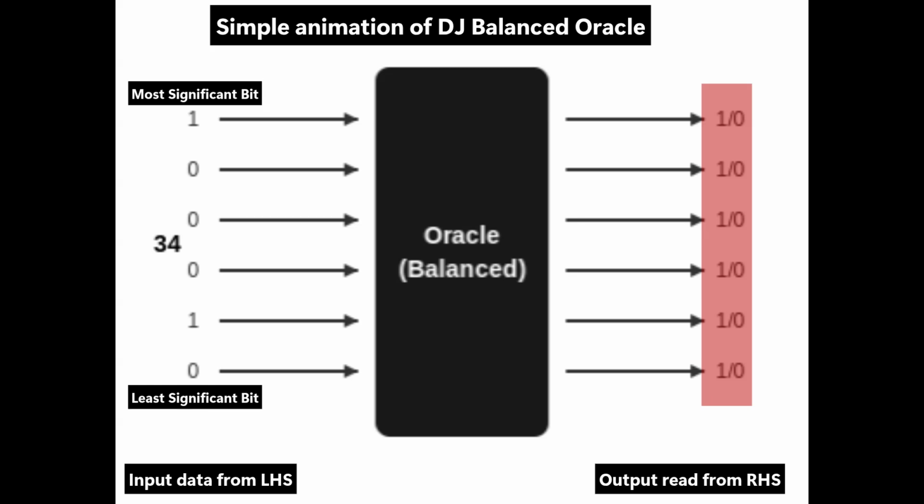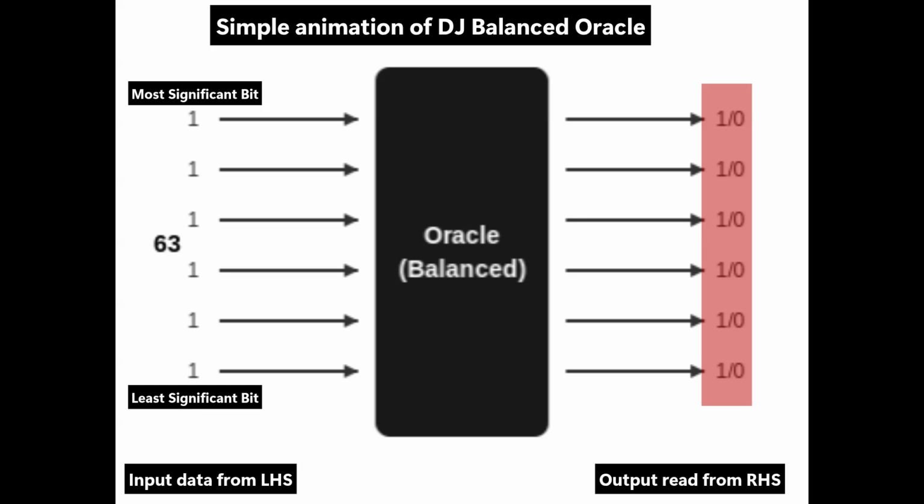For instance, had it returned zeros for numbers between 0 and 32, this oracle now returns ones, or vice versa, because the number 34 is on the right-hand side of 32, or it falls between 32 and 64.